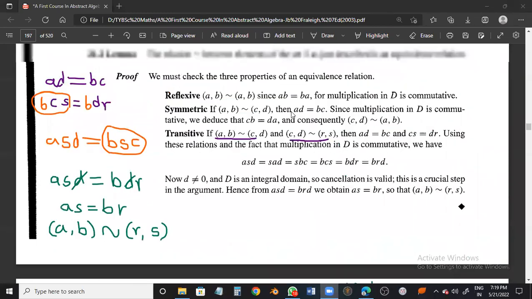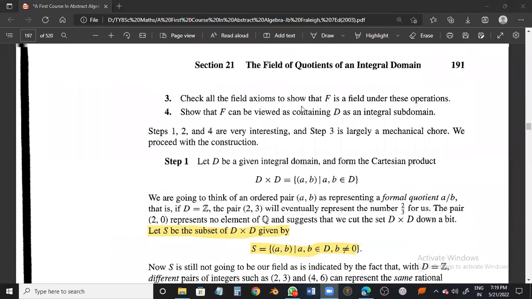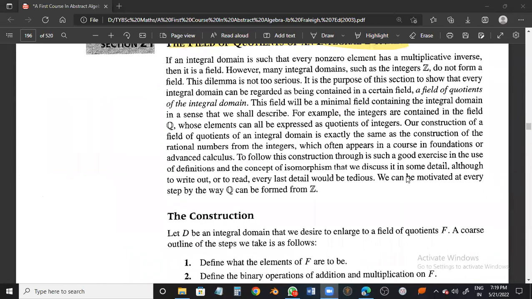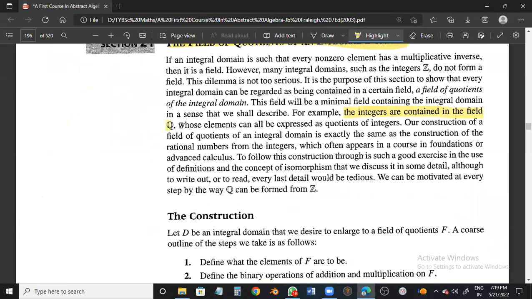See here what they are trying to do. It is described in this particular description. The integers are contained in the field Q, whose elements can all be expressed as quotients of integers. The same thing we are following over here.